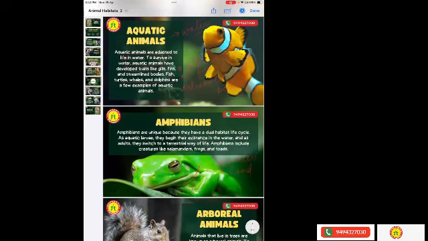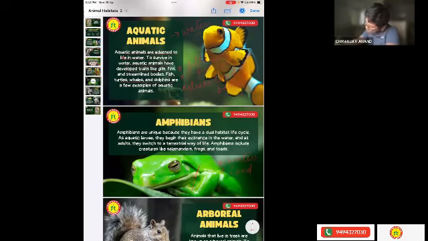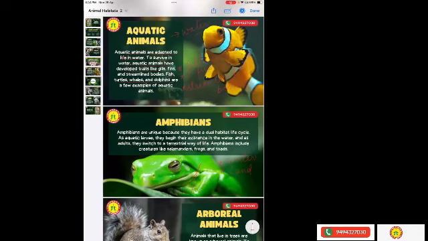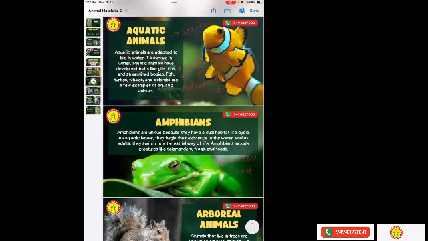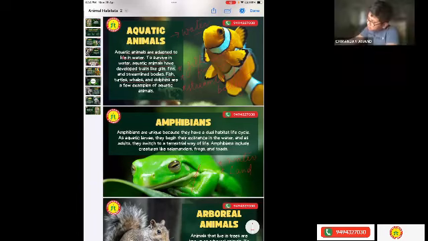You might have seen the frogs, they can live in the water, and the frogs can live on the land also. Tortoise also can live in the water as well as on land. So they are called the amphibians.